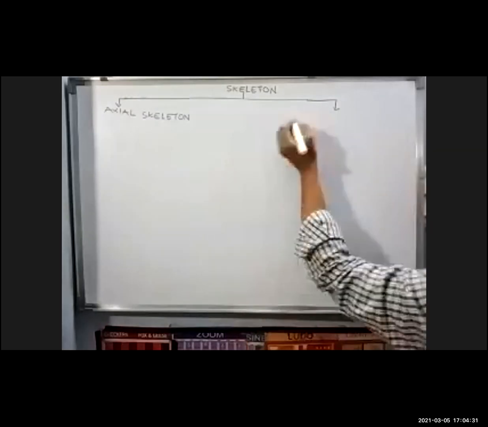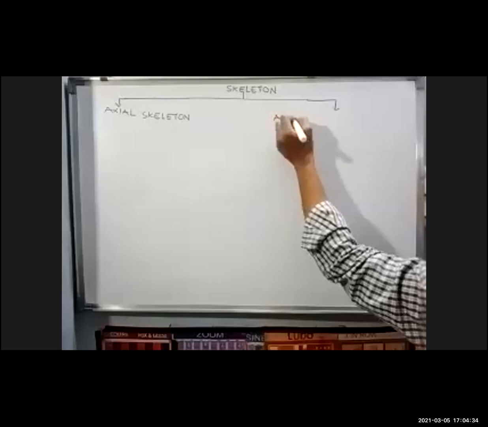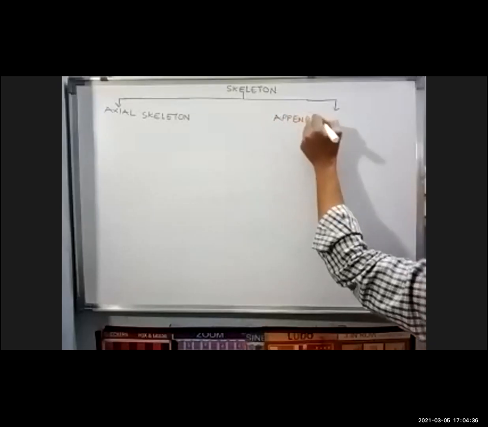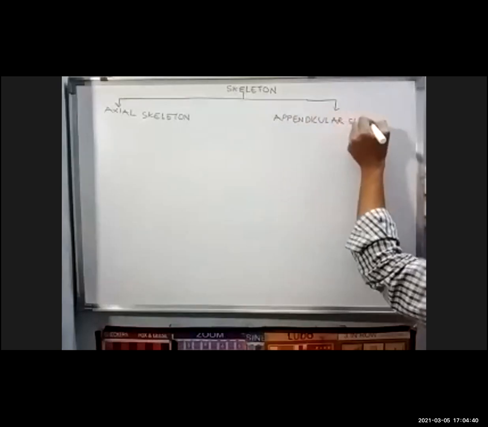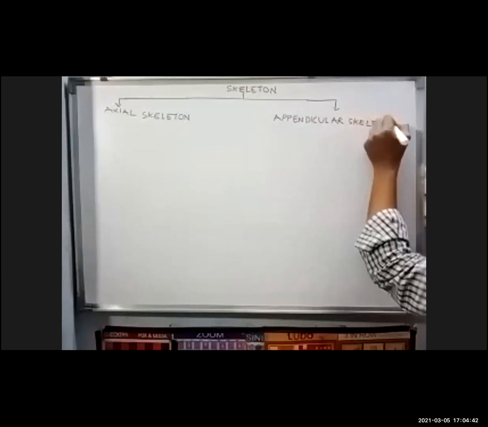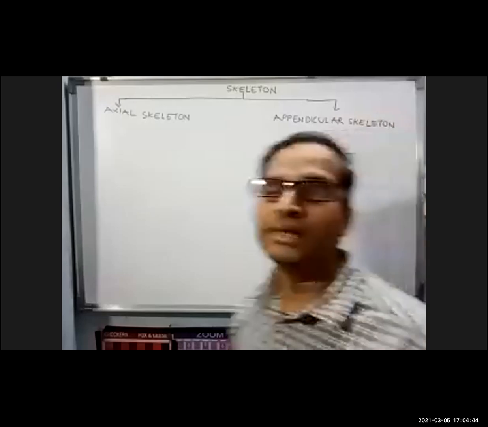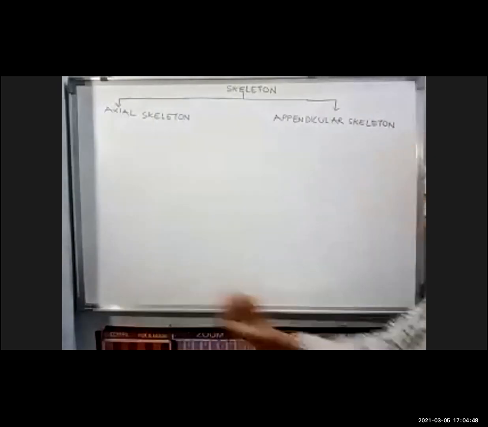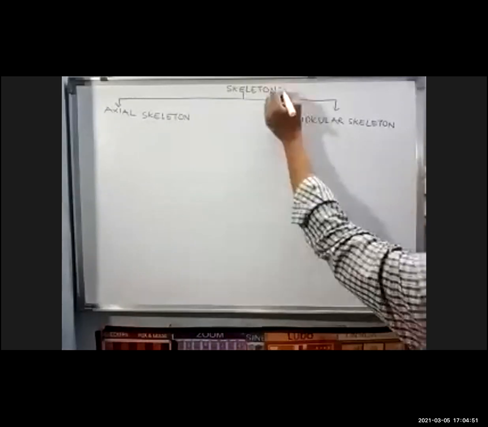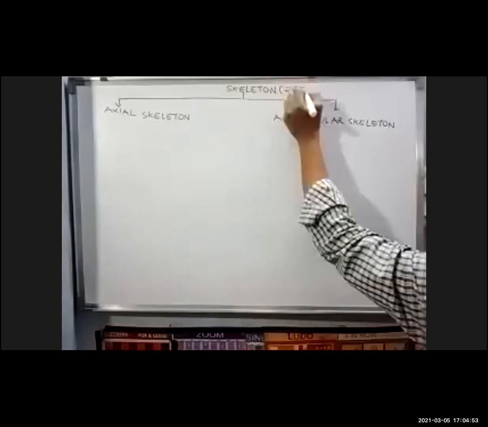And when you say appendicular skeleton, it is the skeleton present in your appendages. Appendages means hands, legs, and some more bones which support your hand and leg bones. So total bones in our body are 206.